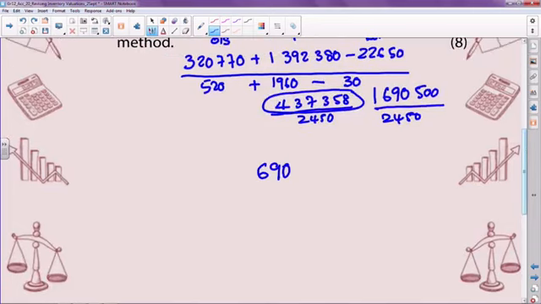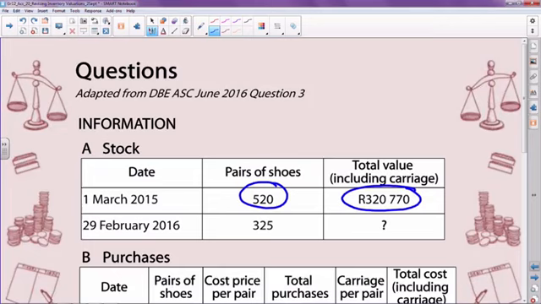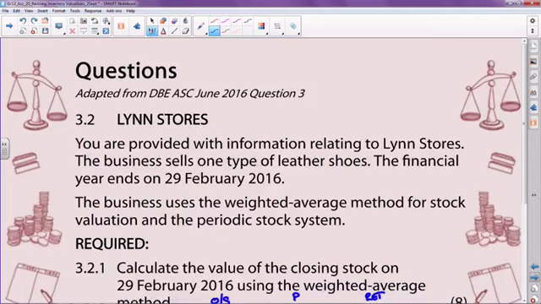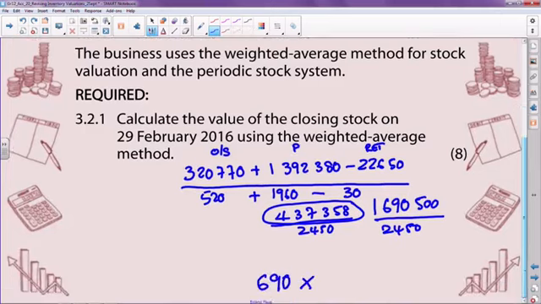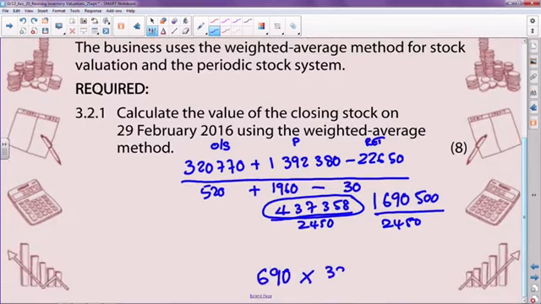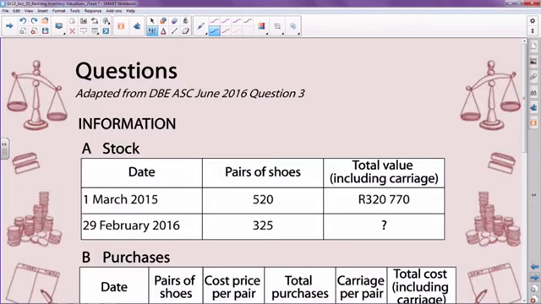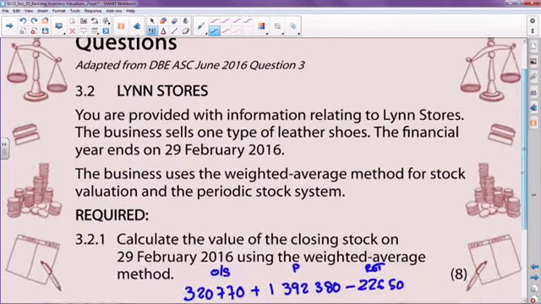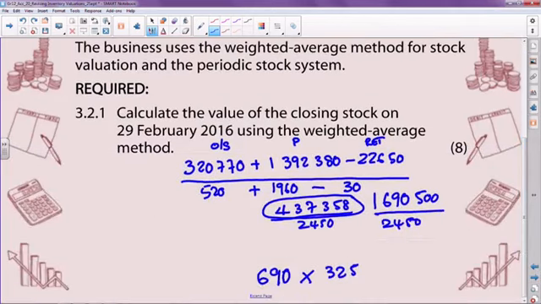Now remember this. This is the weighted average of all the goods that you have purchased. Right. And what do we know? How many items of stock do we have left over? We have a total of 325 pairs. Therefore, we multiply that by 325, and we now have our value of our stock using the weighted average.